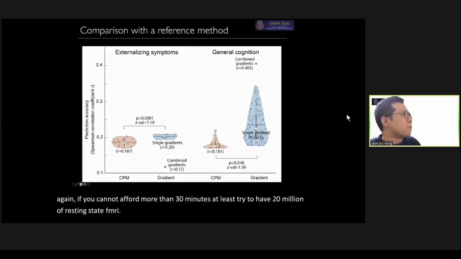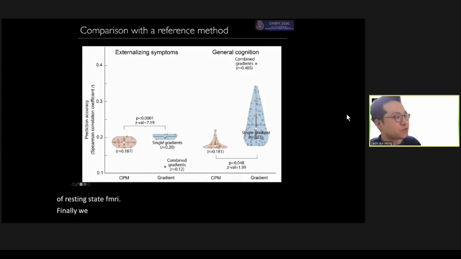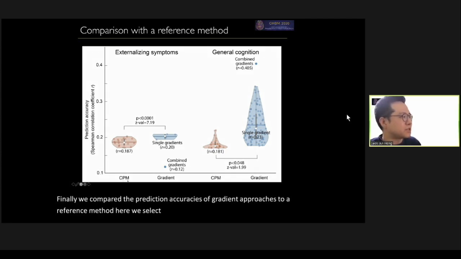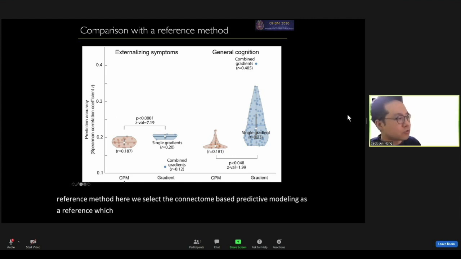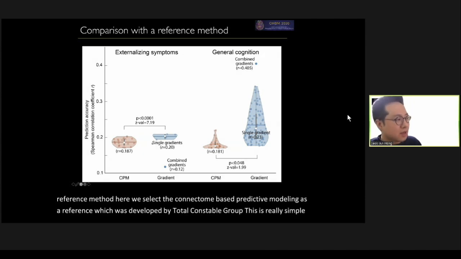Finally, we compare the prediction accuracy of the gradient approach to a reference method. Here we select connectome-based predictive modeling as a reference, which was developed by the Todd Constable group. This is a really simple but powerful tool.